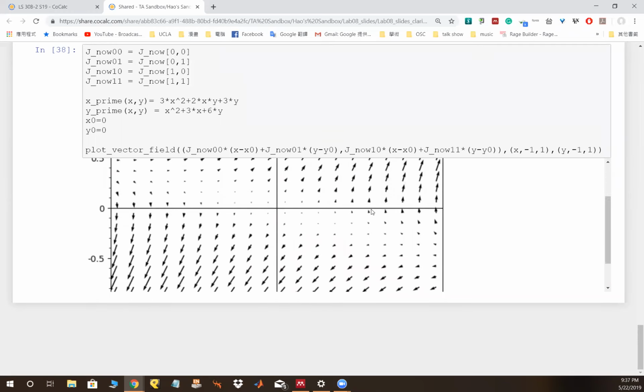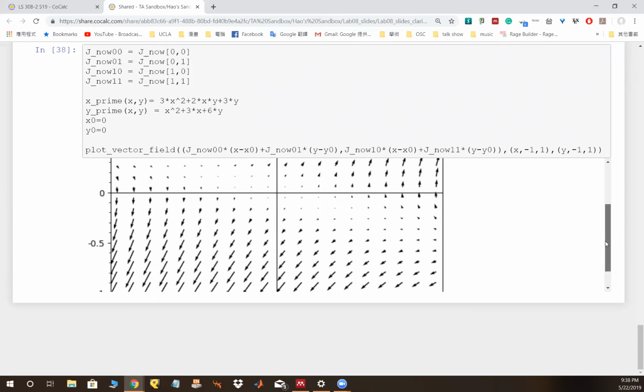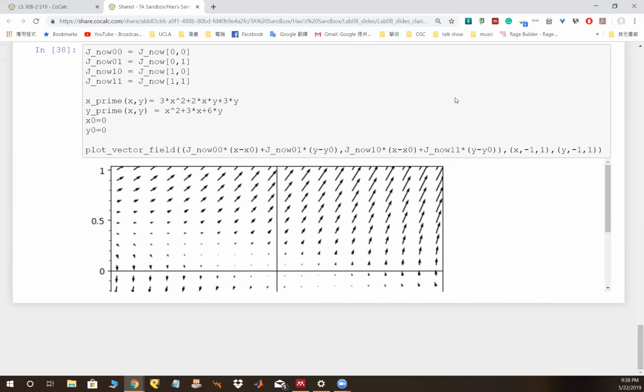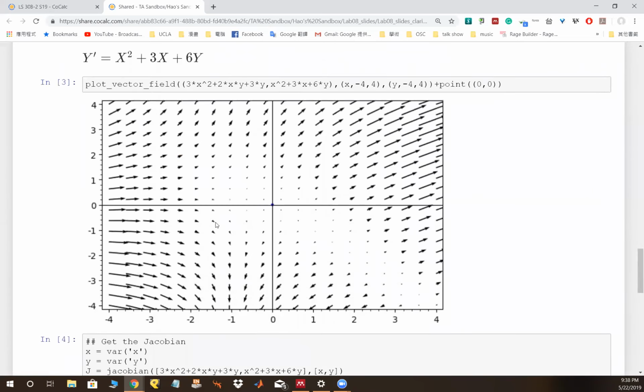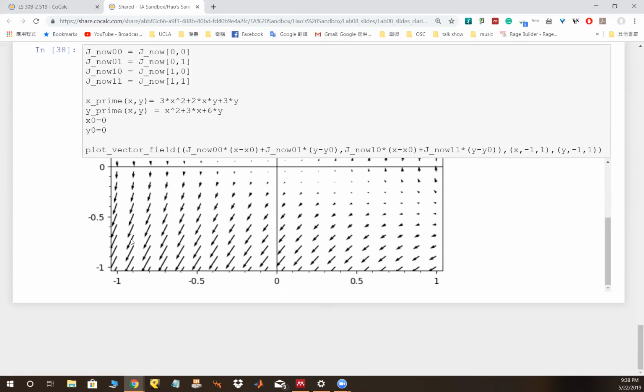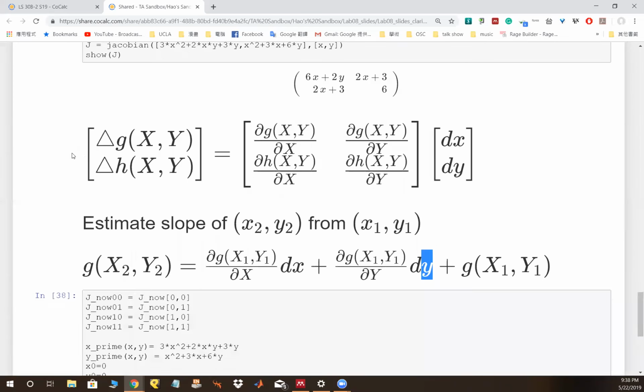But this time, this vector field is only similar at values nearby that equilibrium point, which is here. If you compare these two vector field plots, they are actually different when they get away from the equilibrium point. They are similar nearby the equilibrium point, but different at the corners.